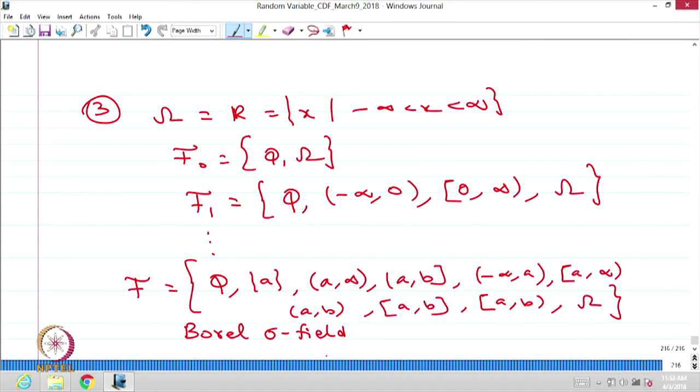Suppose your omega is a subinterval between minus infinity and infinity, then you can always make a sigma field on omega by intersecting that interval with the Borel sigma field. Therefore, now we have discussed how to create the sigma field whenever omega has a finite number of elements and uncountably many elements. Obviously, when you have a countably infinite number of elements, you can do a similar exercise for creating the sigma field.